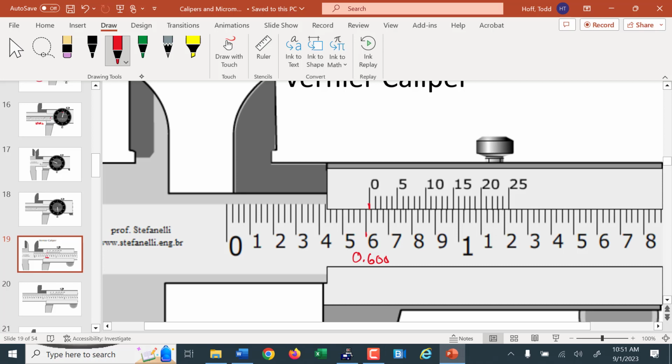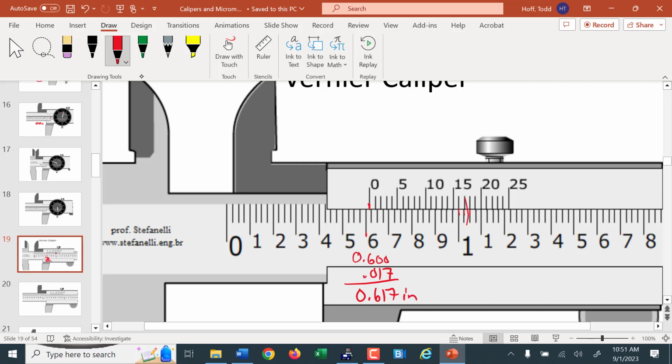Then you look to see which one of these lines lines up. Well, there's 3 of them that look like 16, 17, and 18. All 3 look like they line up. That's just because there's only so many pixels on the computer screen. We'll take the middle one, 17. So that's 0.617 inches is what that's reading.